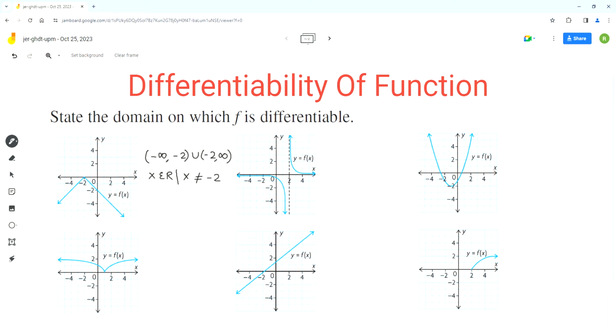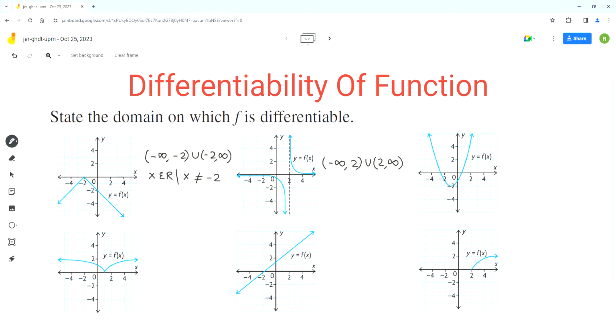Now we can analyze the second graph. This graph has a discontinuity at x equals 2. There is a vertical asymptote. For this function, the domain on which it is differentiable can be written in interval notation as -infinity to 2. 2 is not included in the domain, so that's why we are using parentheses, then union 2 to infinity.